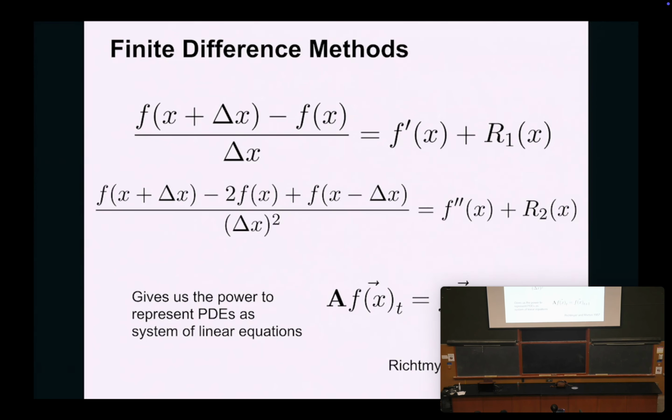Okay, so finite difference methods, a fancy way of saying let's approximate our differentials. This is sort of Calc 1. And so right here, the first equation we all know is pretty much what you learn in Calc 1.